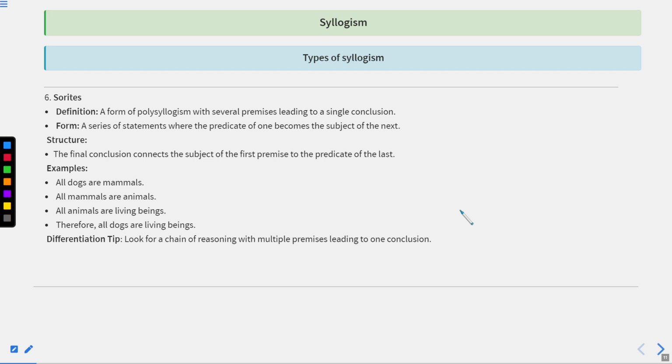Again, I would like to tell you that we have already studied these things, but we are revising them to ensure that if we have left any important part, we cover it. All the students who are going to give an examination whose syllabus includes syllogism should be 100% confident that they have tackled everything related to syllogism, whether it be the theory, the types, the important concepts, or how to differentiate between the different types of syllogism.